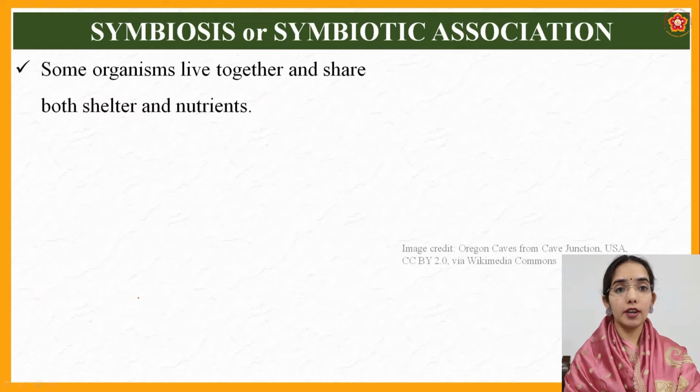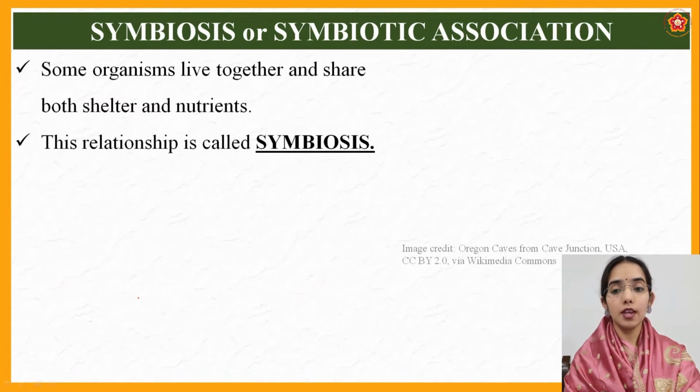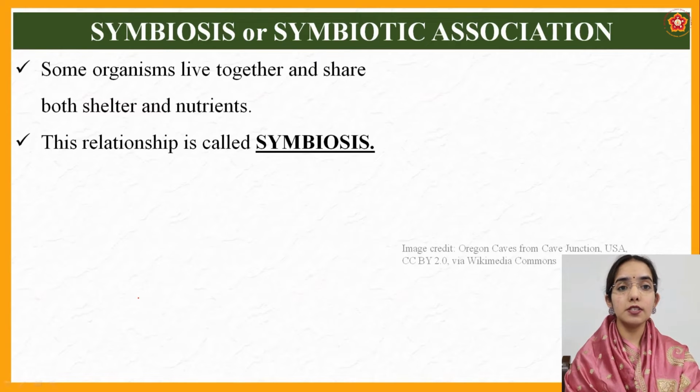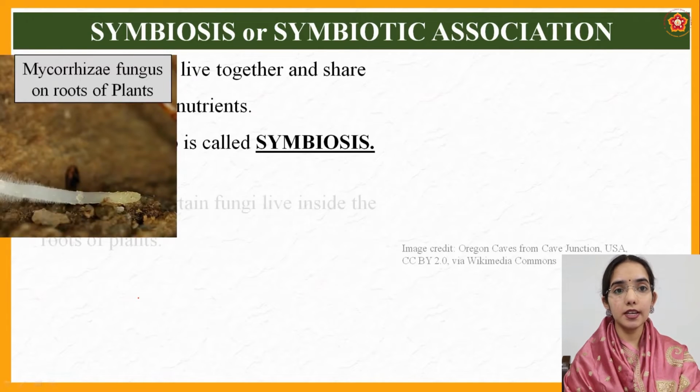So over here, organisms are living together and they are sharing shelter and nutrients. This type of relationship is called symbiosis. So a relationship where two organisms are living together and they are sharing shelter and nutrients is called symbiosis or symbiotic association.